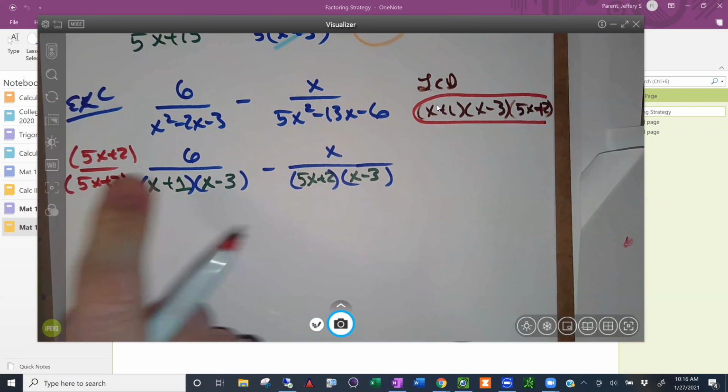But here again, you're subtracting. So let's put that parenthesis there. Let me pause. Make sure you're still with me. We first figured out what the LCD was. That was this term. Then we said, all right, I need each of these to have the LCD. I multiplied by the missing term here, and I multiplied by the missing term here.